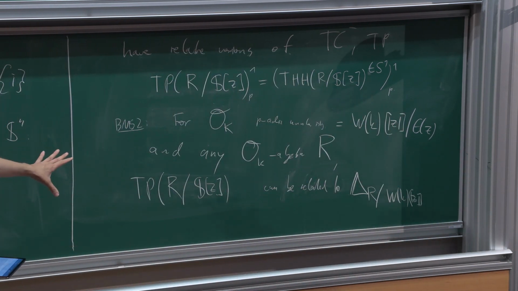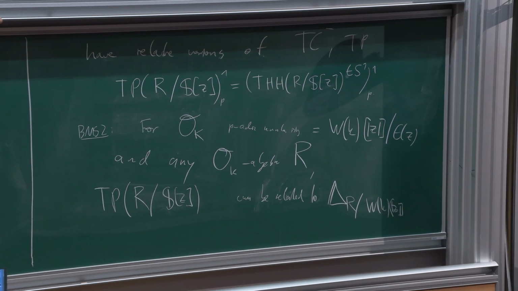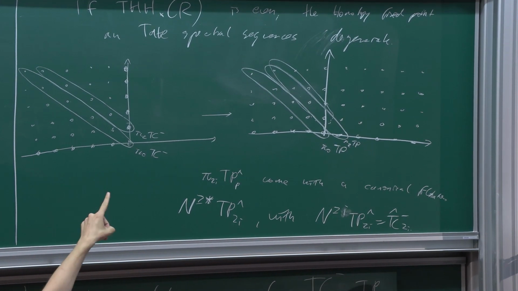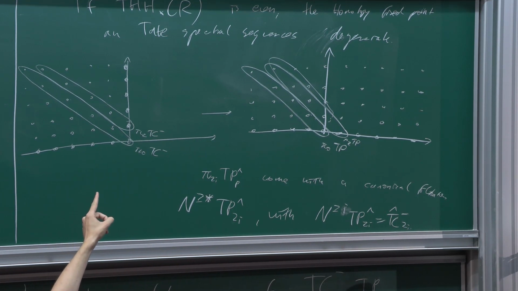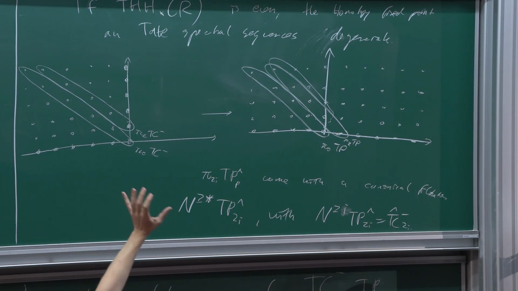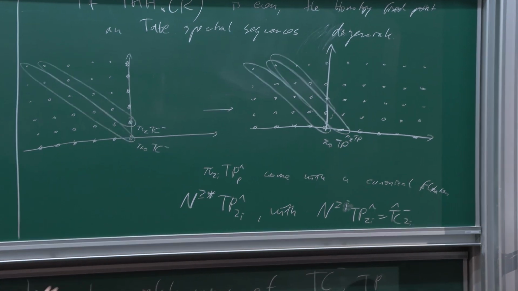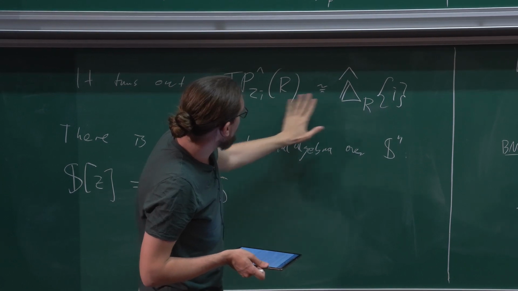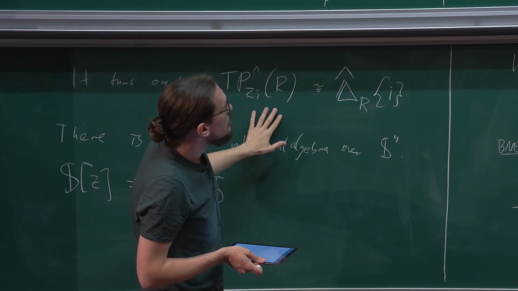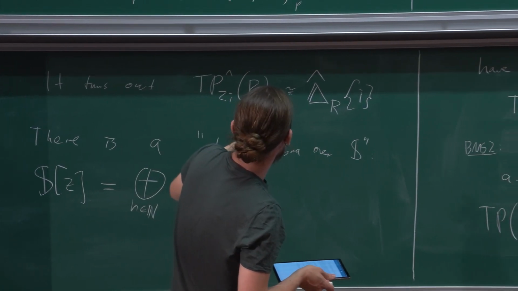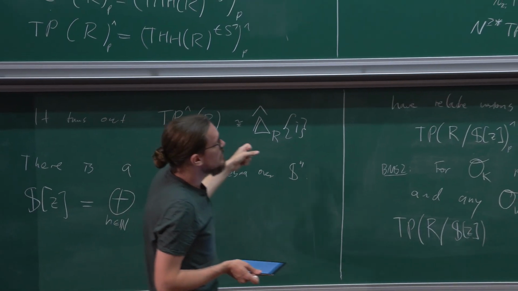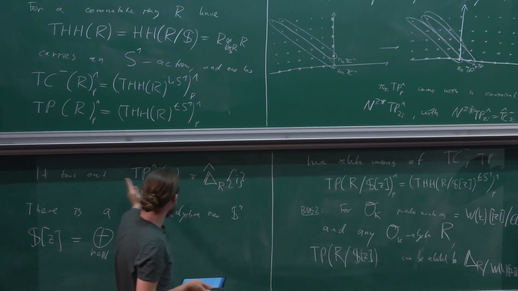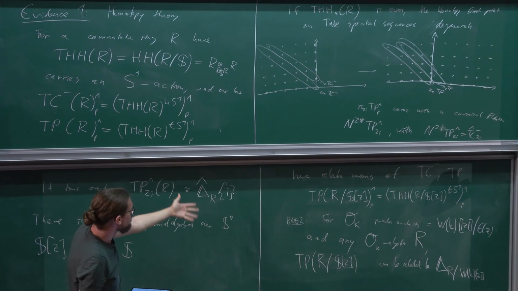And I'm a bit vague here because earlier I had this additional condition floating around that THH lives in even degrees, and then I said in that case you can really describe the homotopy groups in terms of prismatic cohomology. For general rings there's still a version of this comparison statement, but then instead of talking about the homotopy groups, you have to introduce some filtration on TP that in this even case coincides with the Postnikov filtration.